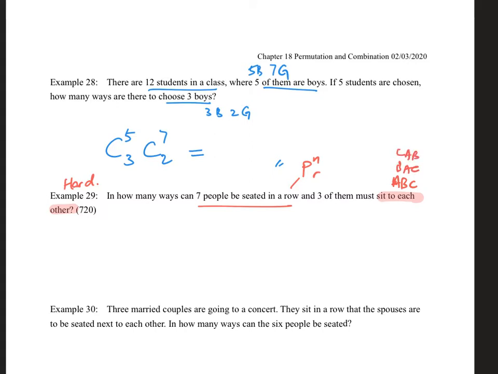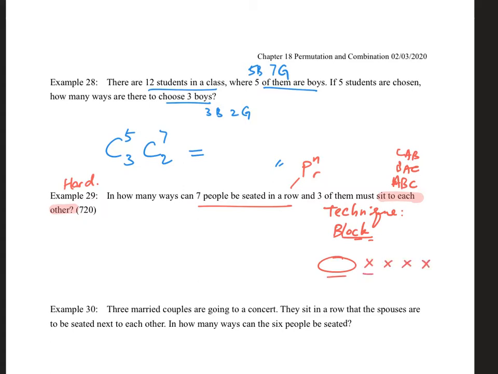In this case, the little technique we will be talking about is a block system. So what do I mean? Block system means that the 3 people should be blocked first because they want to sit together. I consider it as a whole item. After grouping these 3 people, there are still 4 more afterward.